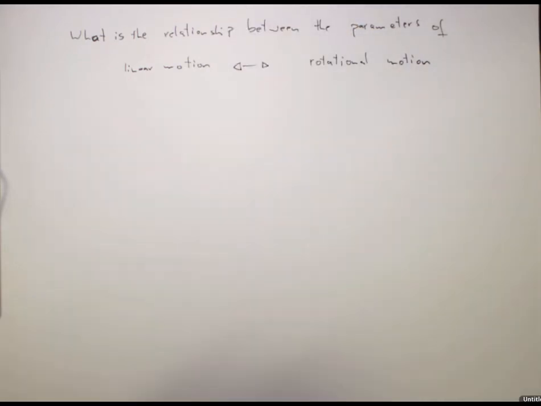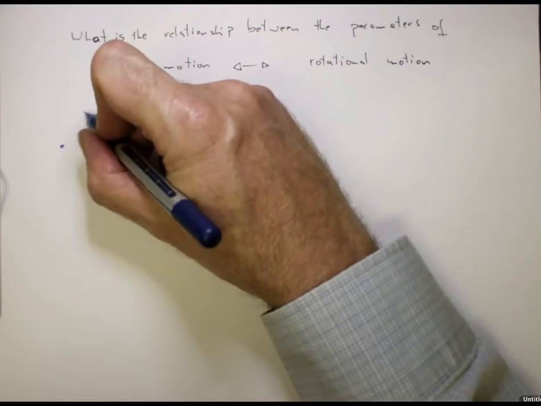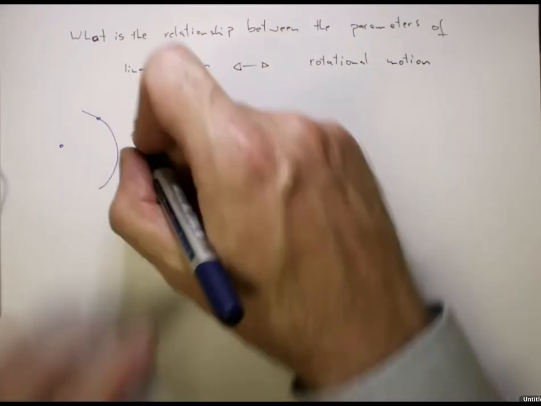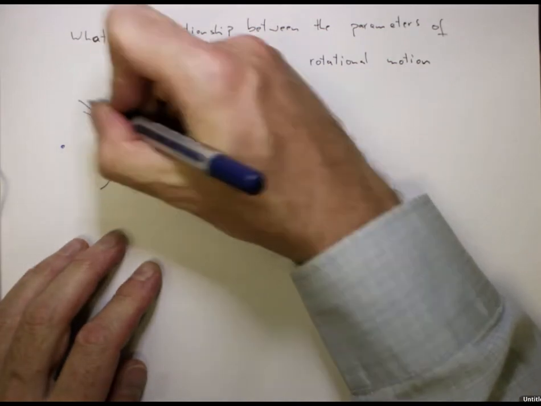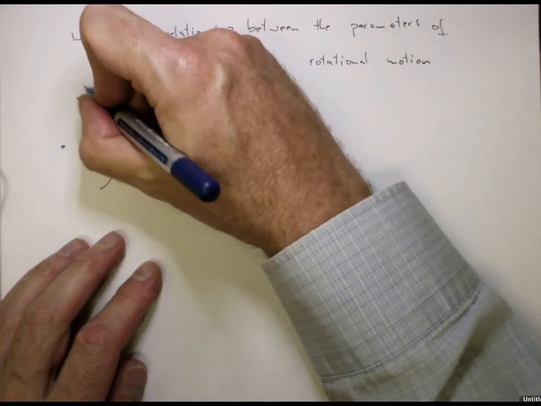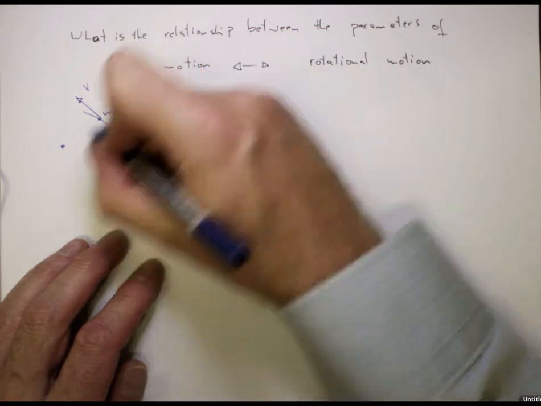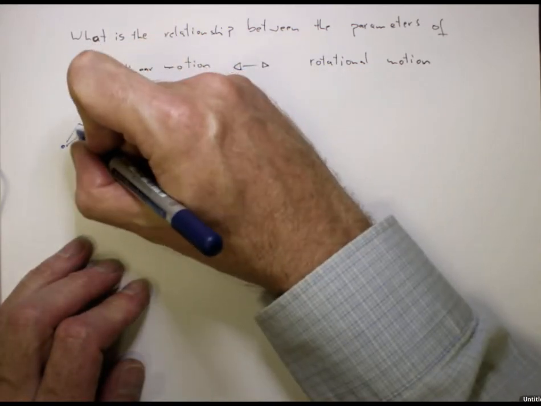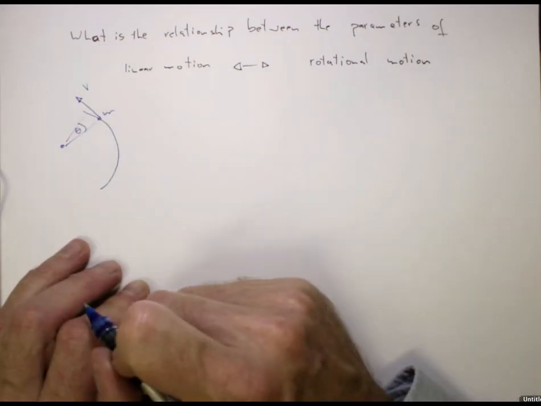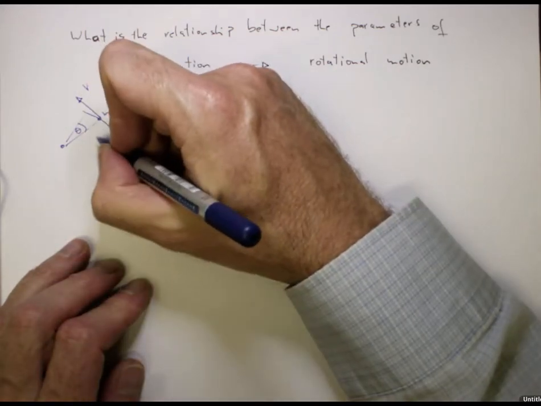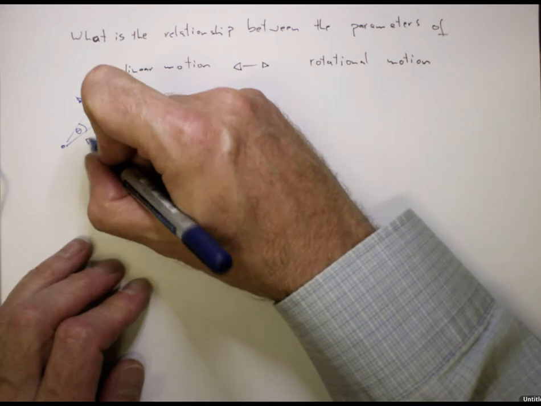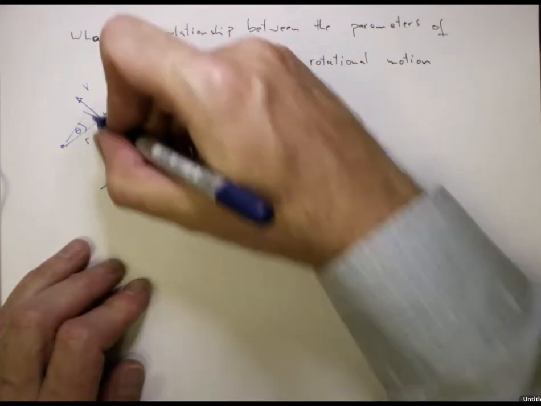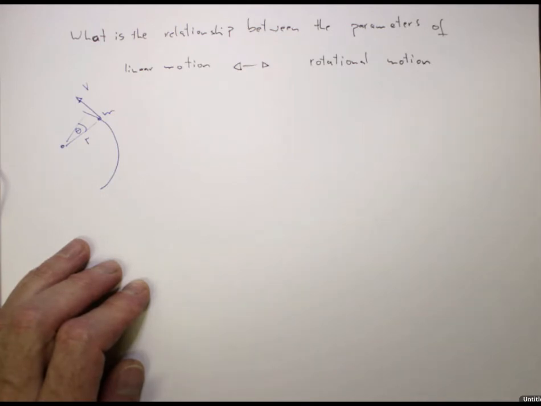In order to answer that, let us sketch the situation. We have our mass m moving with a certain velocity on a circle, progressing through an arc associated with an angle theta, and the circle, of course, has a radius r.